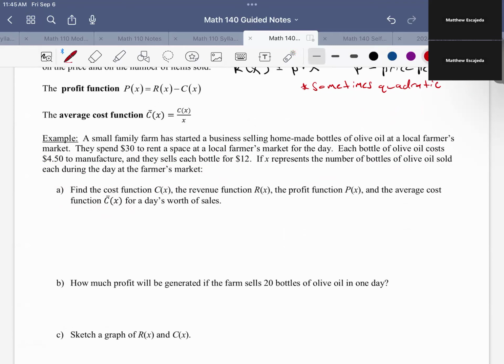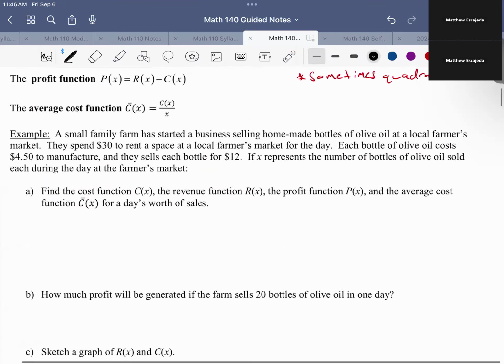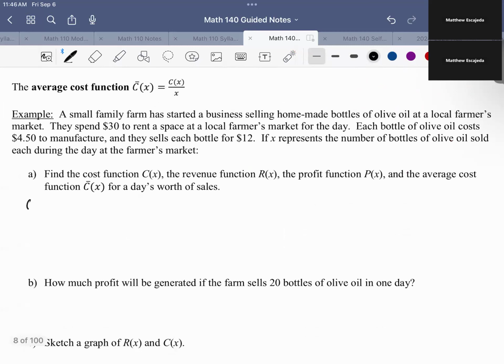So for the cost function, let's get right to it. The cost function is your variable cost times the number of items sold plus a fixed cost. What is our variable cost?